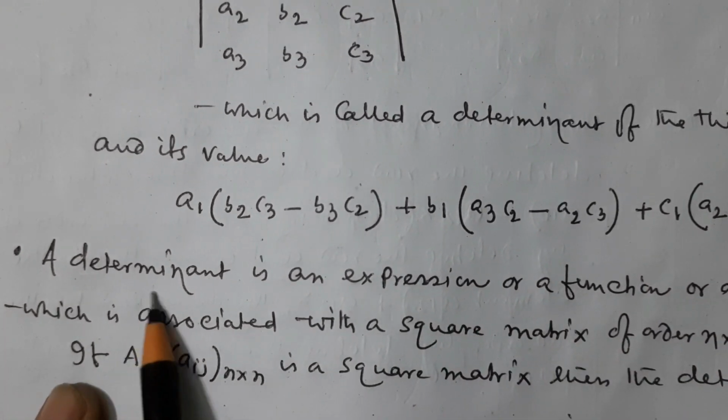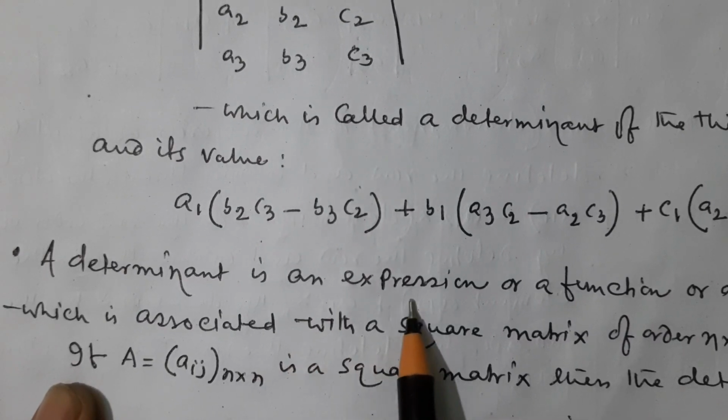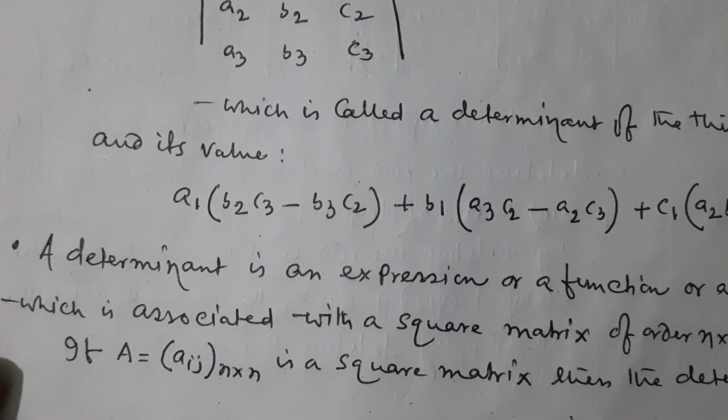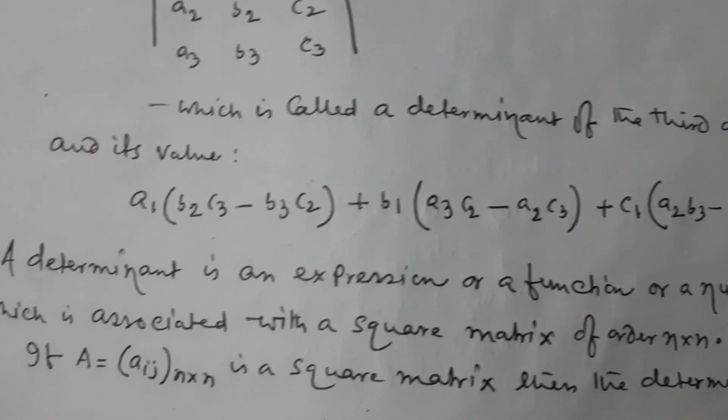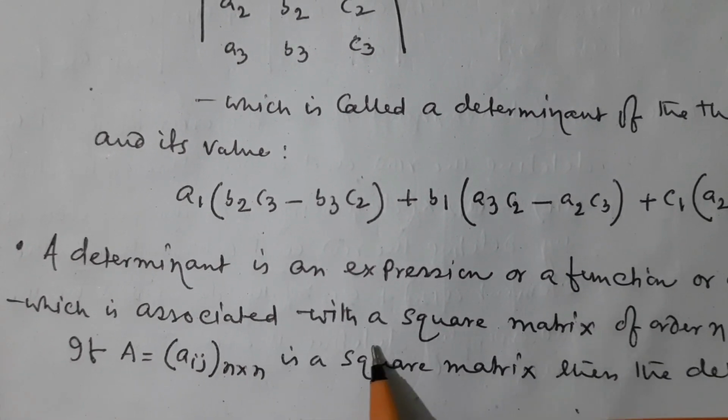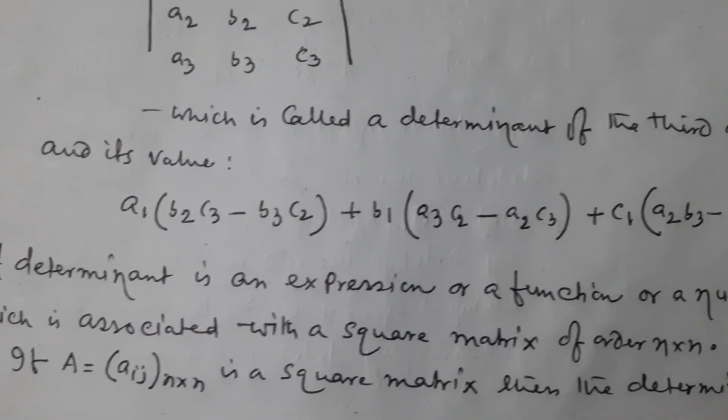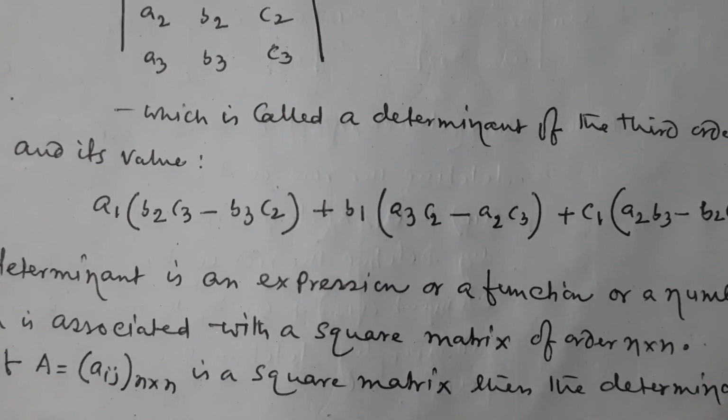A determinant is an expression or a function of a number which is associated with a square matrix of order n cross n.